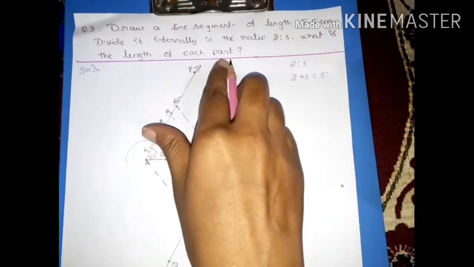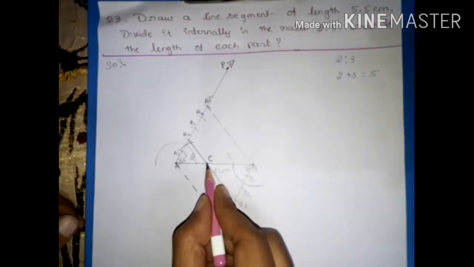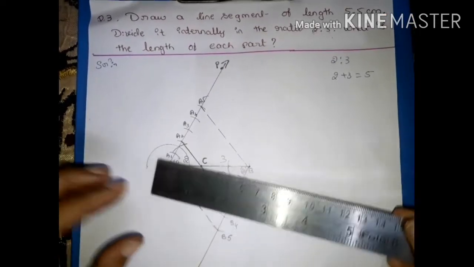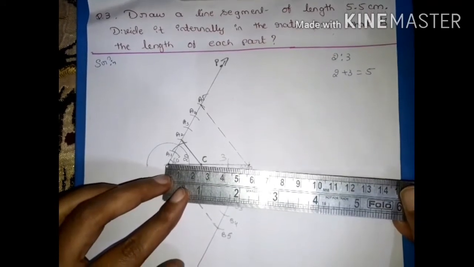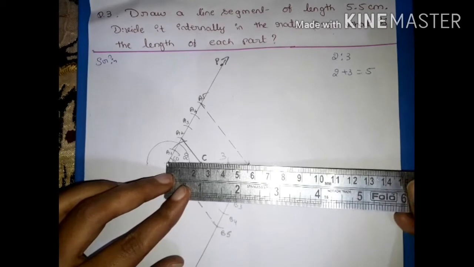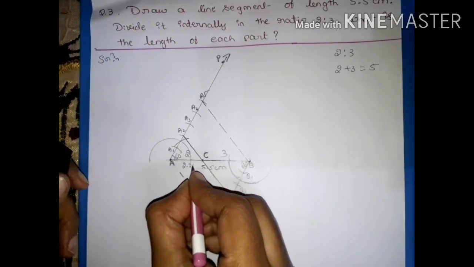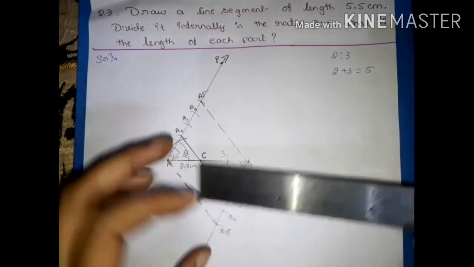In the question, they are asking what is the length of each part. Measure AC and CB. AC measures 2.2 centimeter. Now you have to measure CB.